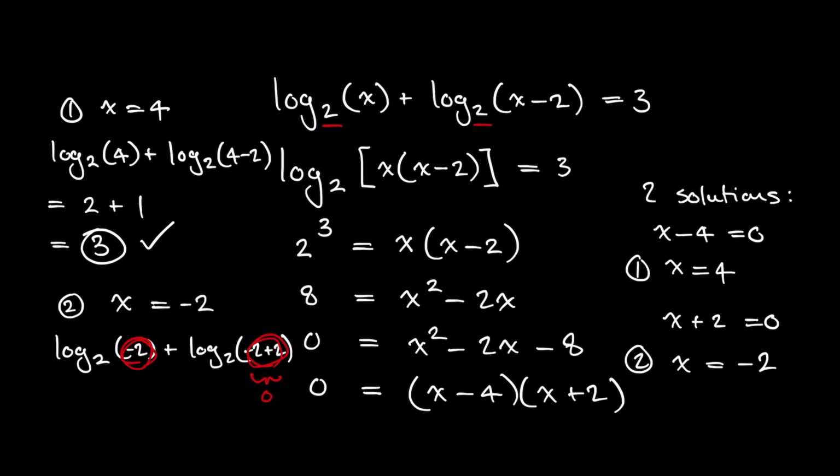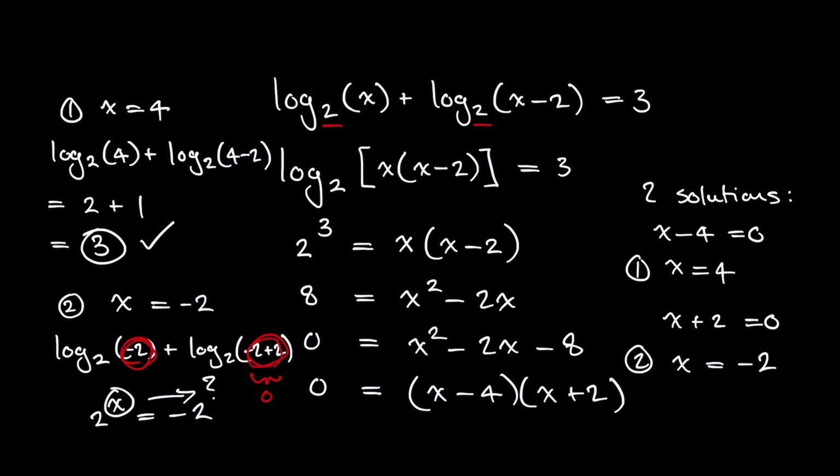And why is this an issue? Whenever you have a negative in a logarithm, you can't really find an exponent that'll make a base turn into a negative number, right? Because what this is suggesting is that 2 to the power of x is going to be negative 2. But is there any number x which will give you negative 2?